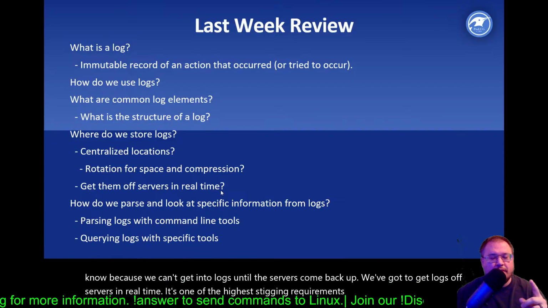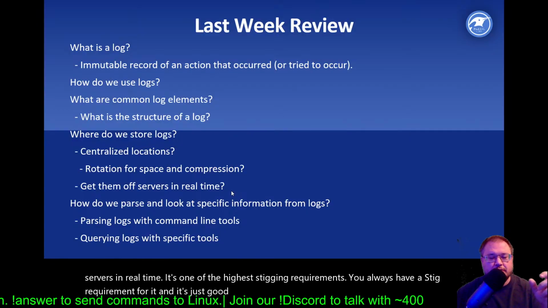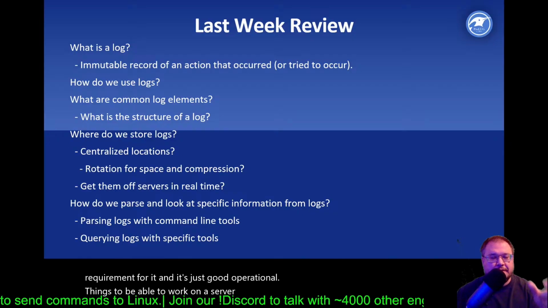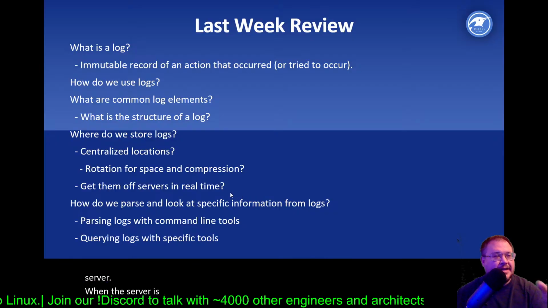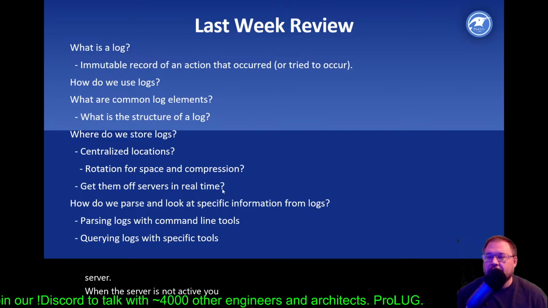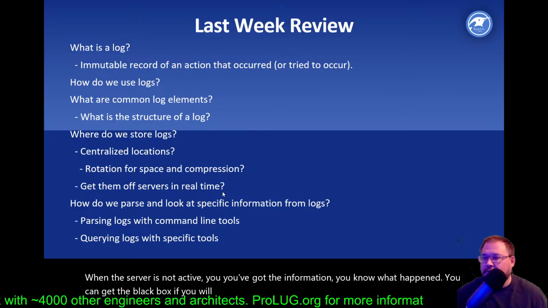You always have a STIG requirement for it, and it's just good operational practice to be able to work on a server when the server is not active. You've got the information, you know what happened, you can get the black box, if you will, off the server of what's important.